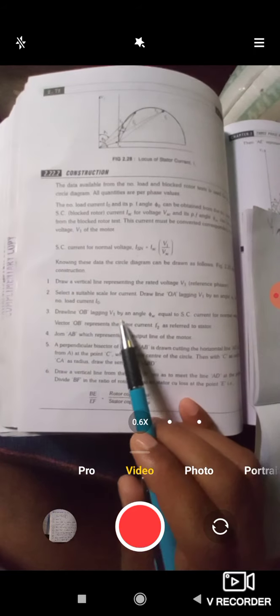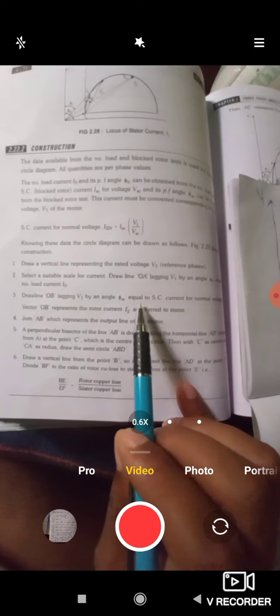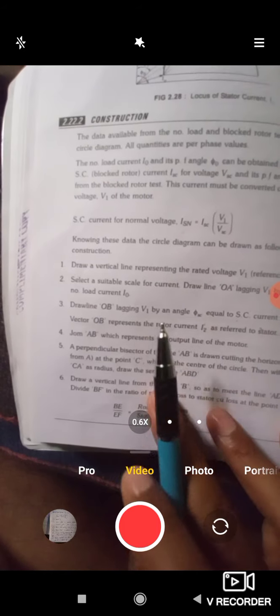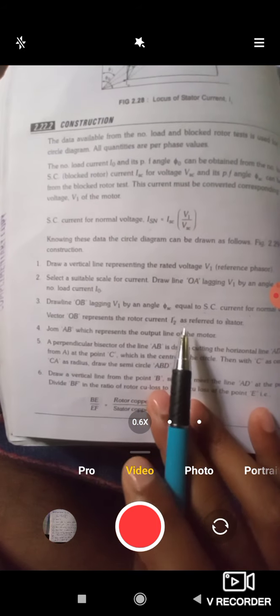Draw a line OB lagging V1 by an angle phi SC, equal to the short circuit current for normal voltage. Vector OB represents the rotor current I2 dash as referred to the stator. That is ISN. So how to draw ISN by an angle phi SC? Draw this one by a dotted line, because this line is not so important.